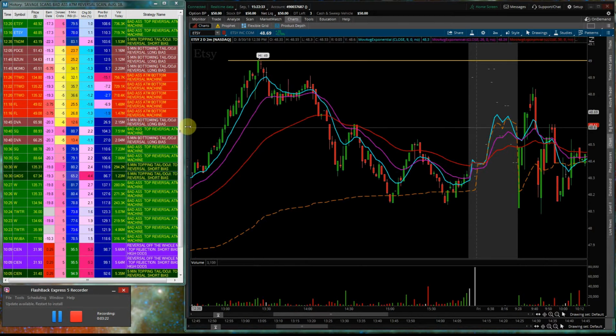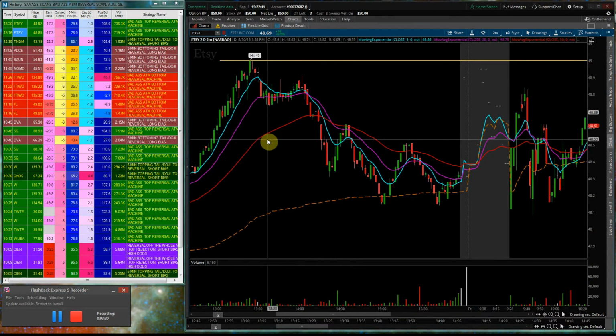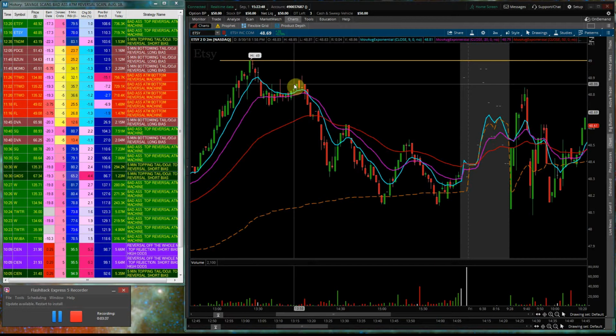It would be the perfect strategy to accompany the scan, and the scan would be the perfect accompaniment to this type of strategy. That's what I've been working on over the last couple of months, bringing it all together. So that's what we're going to look at today, how the two fit together and how we can identify the setups.